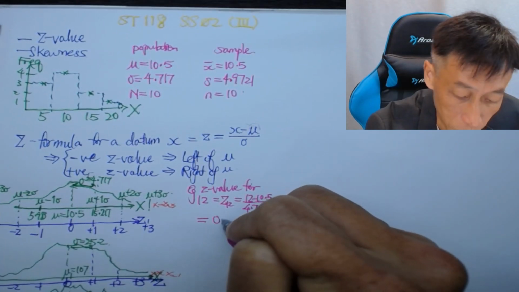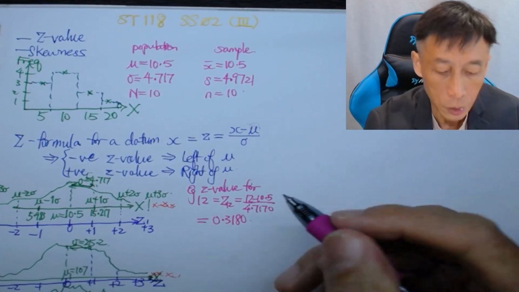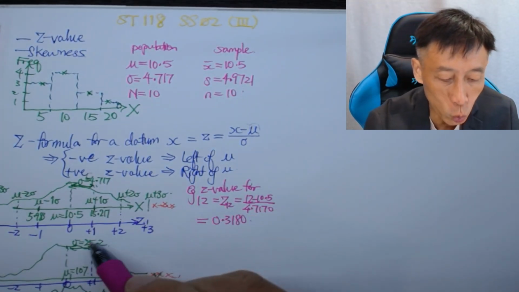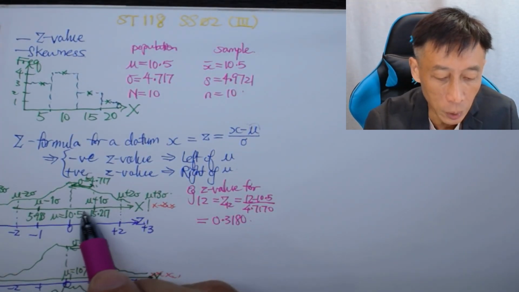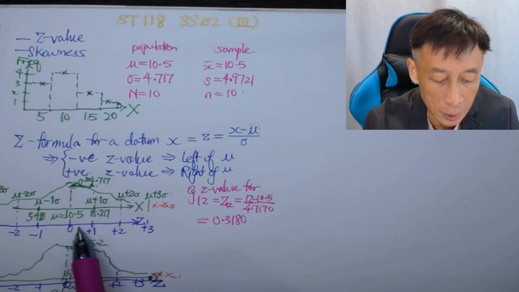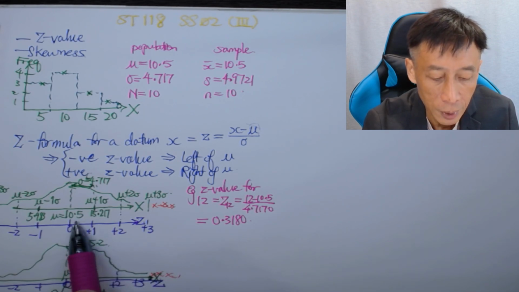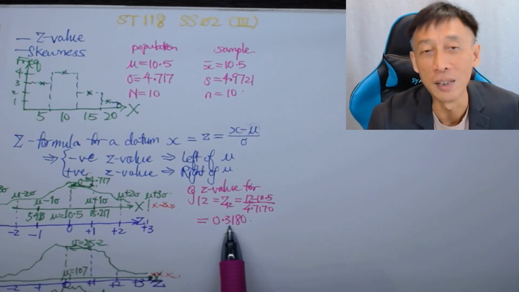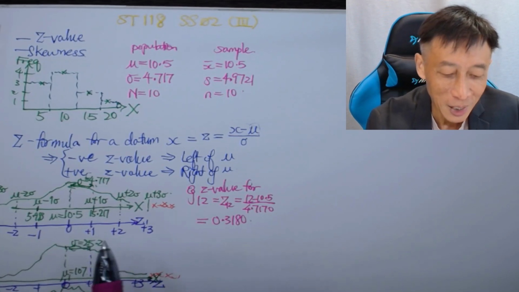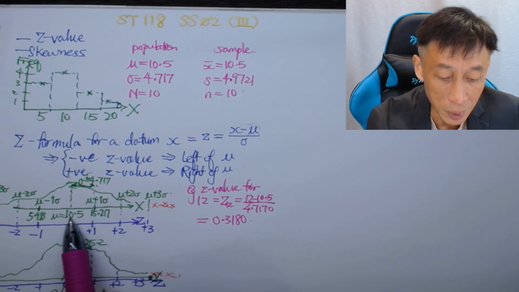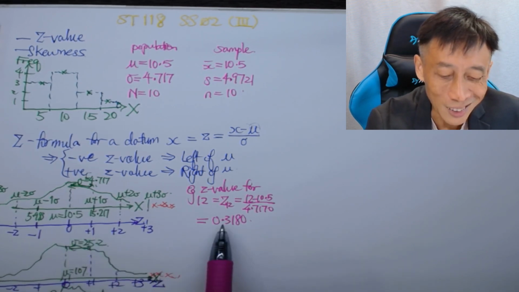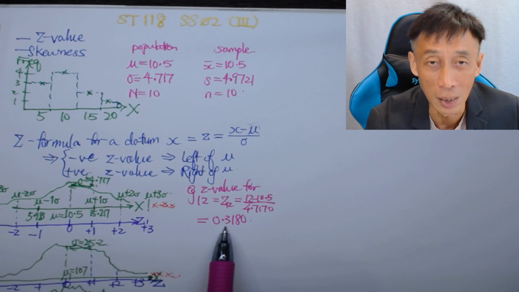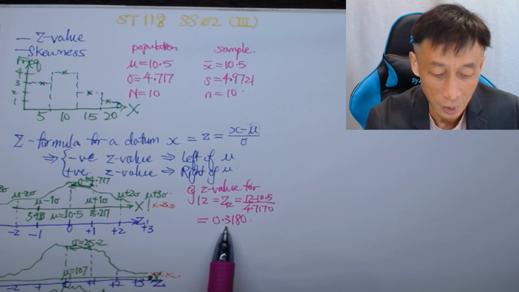That's equal to 0.3180. So we know that the value 12 is somewhere here, right? 0.31 is around here, less than half. We know that it is quite close to the mean. So long as it's a number close to 0, it's close to the mean, right? And it is on the right side of the mean because it's positive. And it is definitely not an outlier because it's so much smaller than 3.